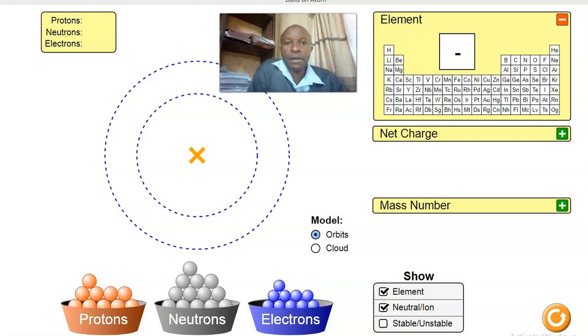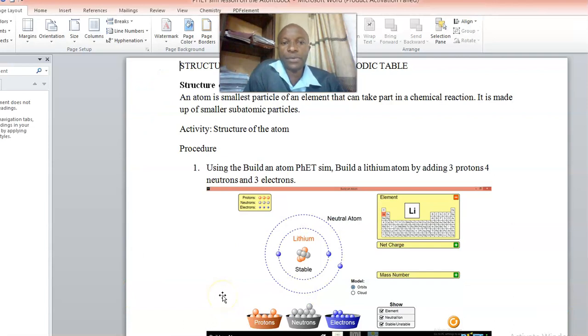I have tried to develop the first kind of lessons based on this, and this is mostly on the atom. There are some instructions that I had to develop, and you can also do the same, noting that an atom is the smallest particle of an element that can take part in a chemical reaction, being made of subatomic particles, then we can look at that structure.